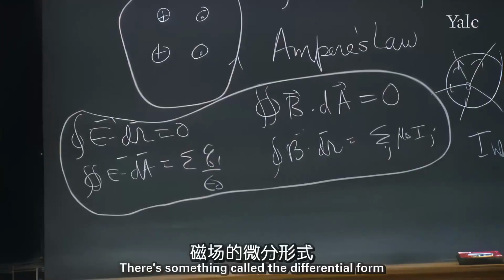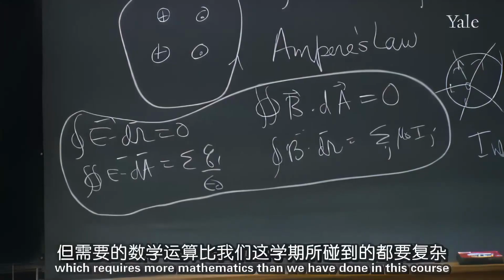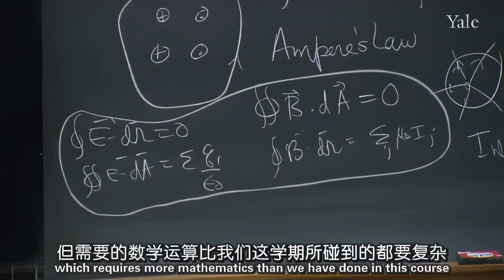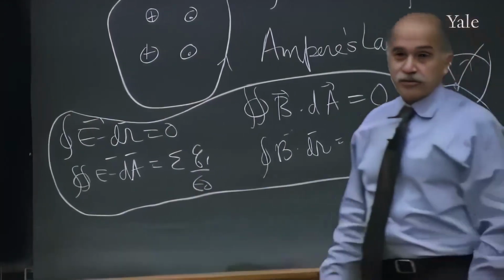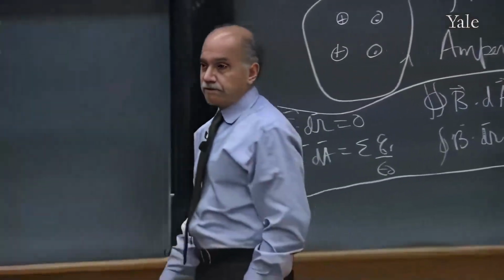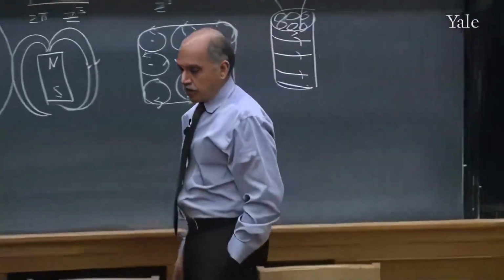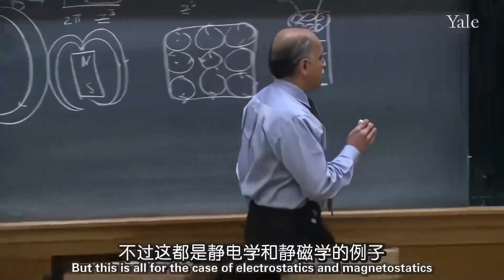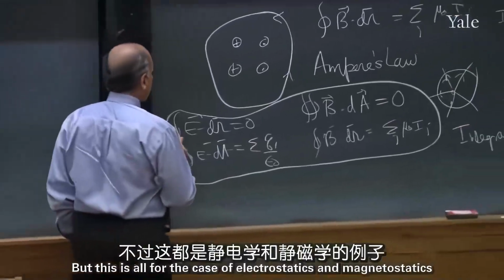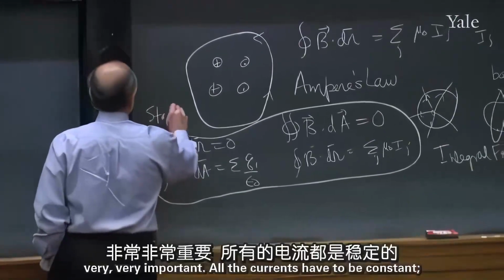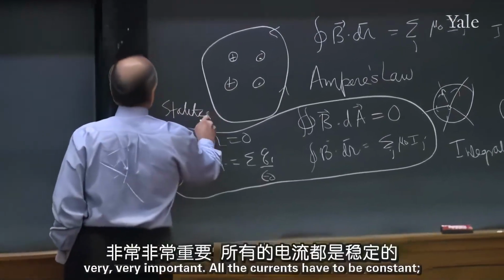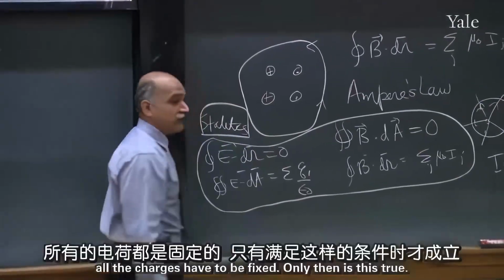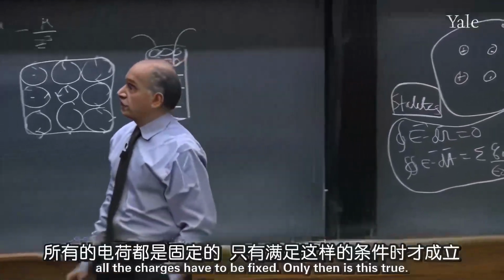There's something called the differential form, which is more useful, but that requires more mathematics than we have done in this course. But this is all for the case of electrostatics and magnetostatics. Very, very important: all the currents have to be constant, all the charges have to be fixed. Only then is this true.